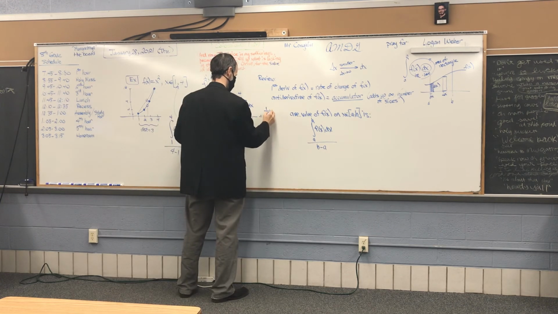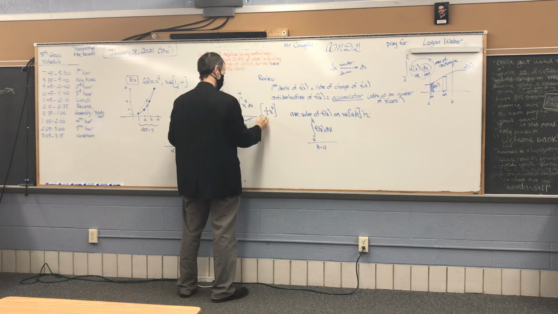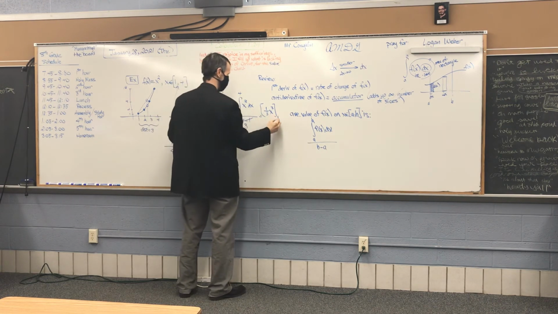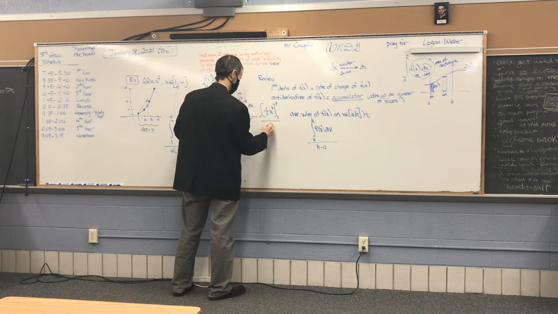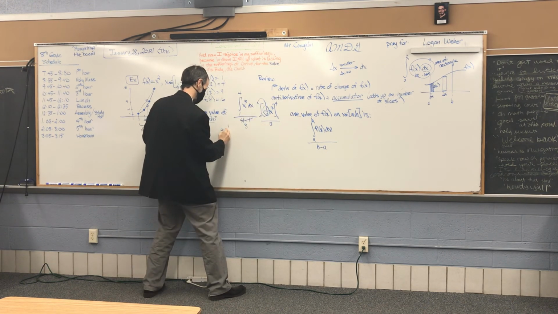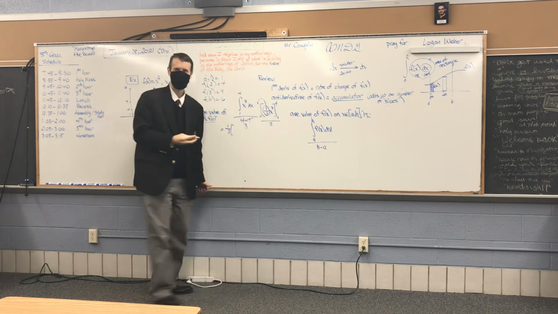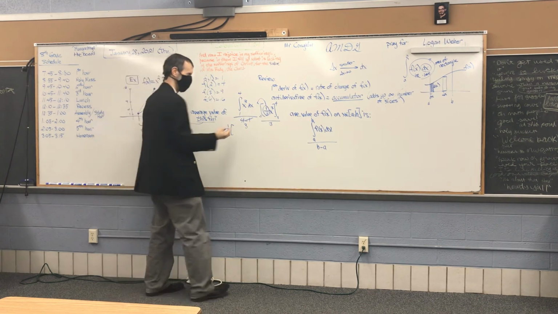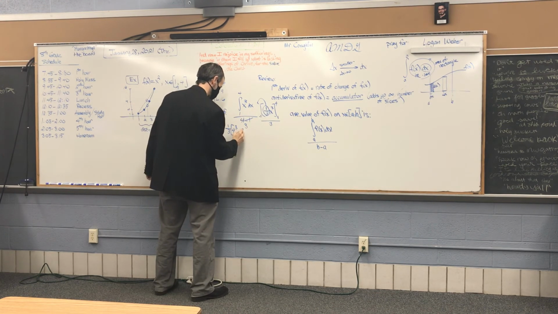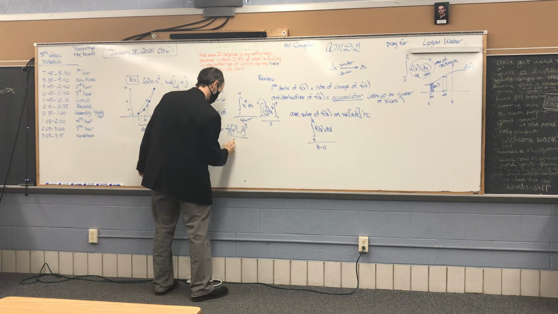From what to what? From 1 to 4, all divided by 3. So I'm going to pull the 1/3 out in front. So it's going to be 1/3, and what do you plug in first? The 4. So it's 4 cubed minus 1 cubed, all divided by 3.